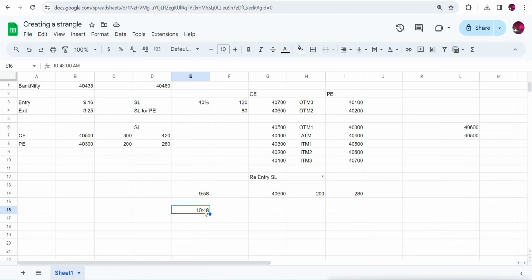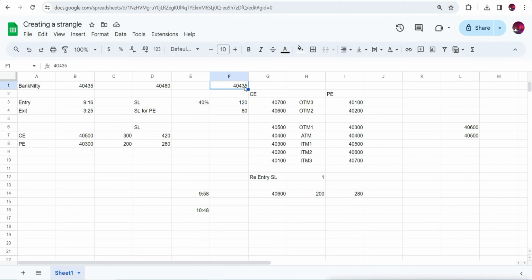Just assume that at 10:48 our Bank Nifty was at 4435.